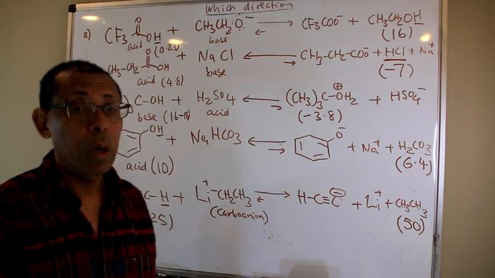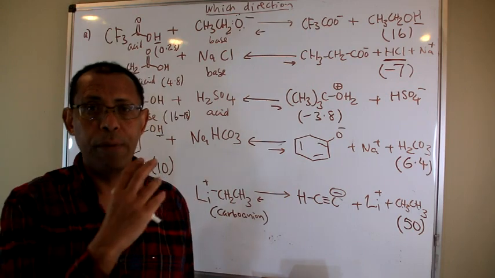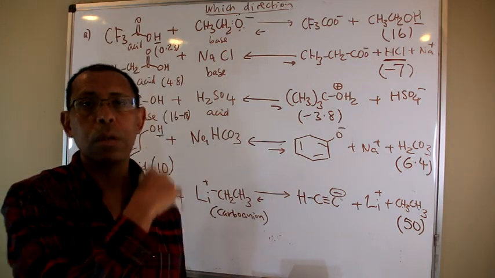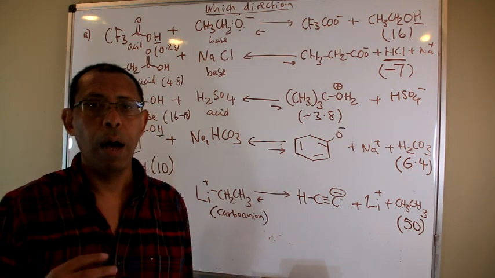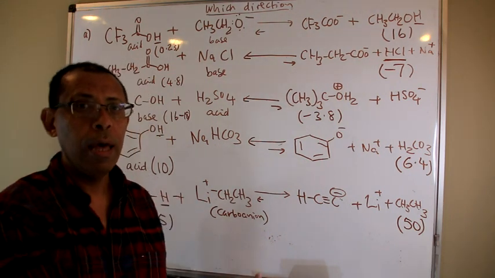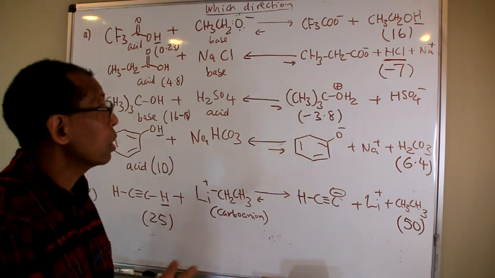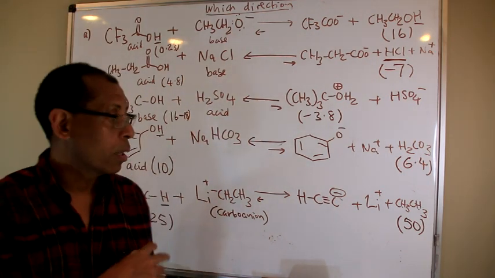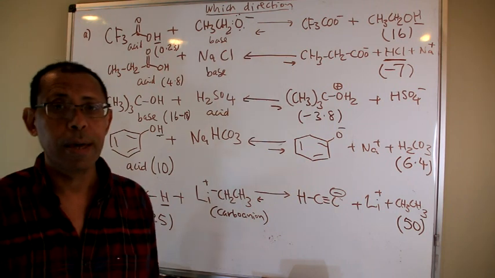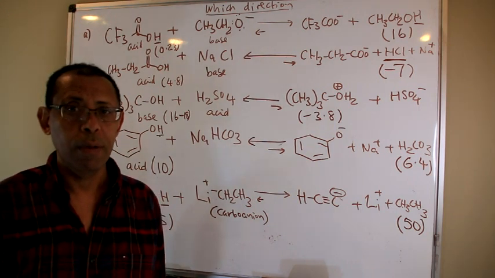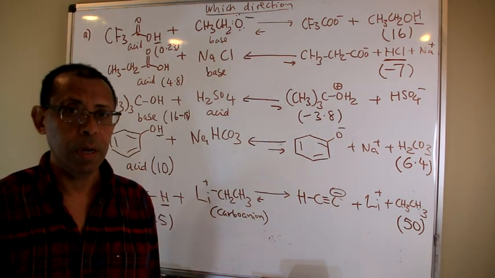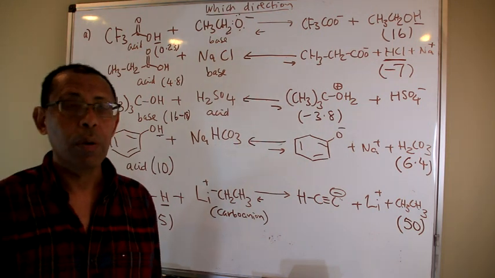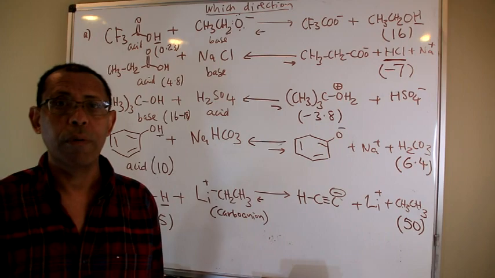So you always go from a stronger acid to a weaker acid. That's how the equilibrium shifts. Otherwise, it goes in the backward direction. So you are able to determine the direction of the reaction based on pKa values. pKa values are very important to determine the strength of the acid and also the equilibrium of the reaction.